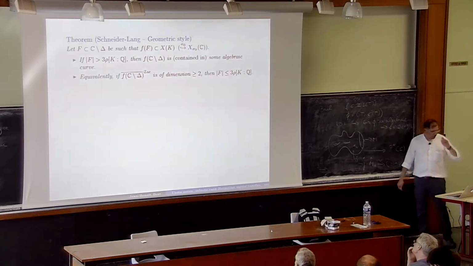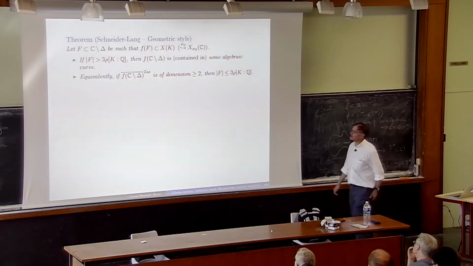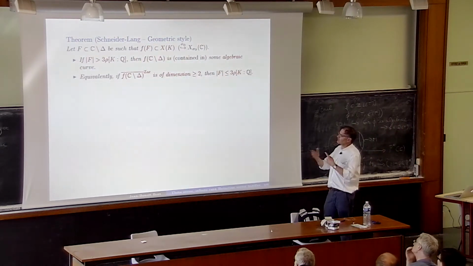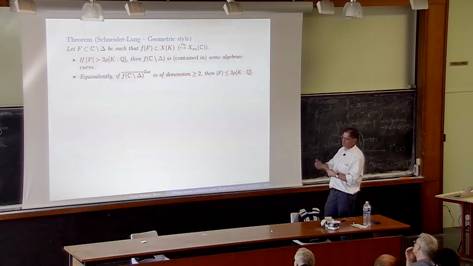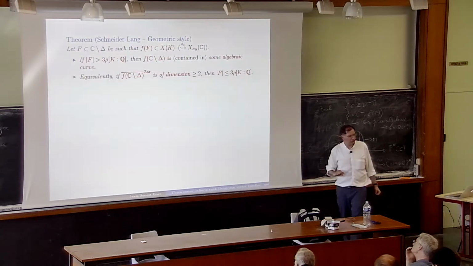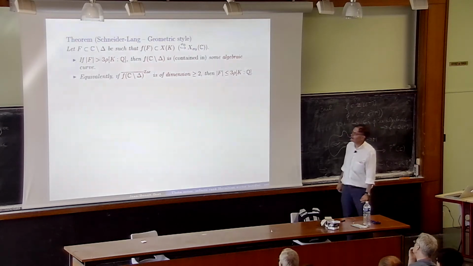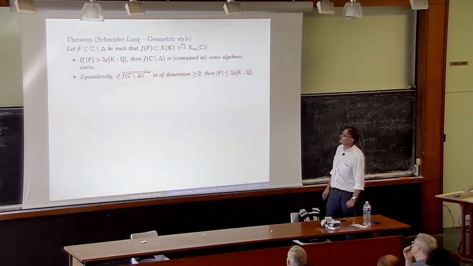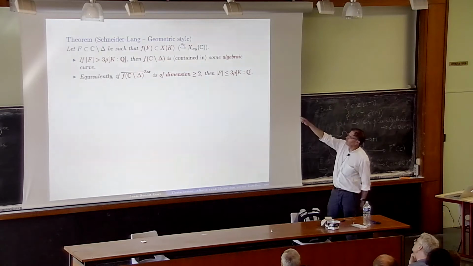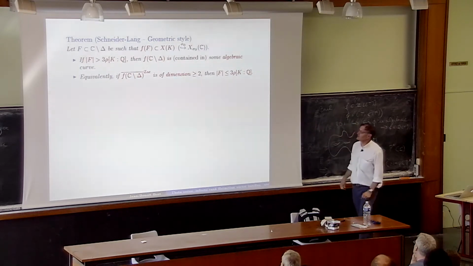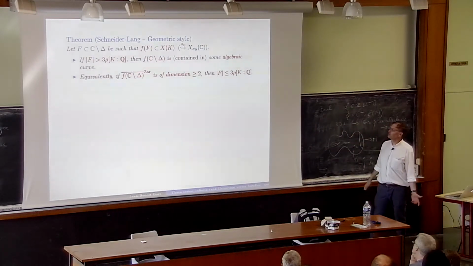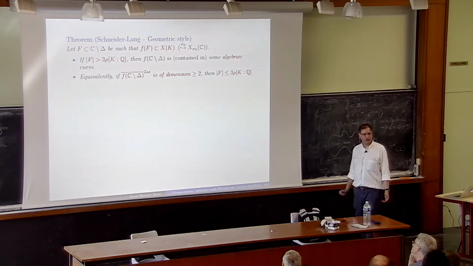So another reformulation of that is that if you know that the image is not algebraic, that is, if the Zariski closure of the image of f, your analytic curve, solution of an ordinary differential equation, is at least of dimension 2 over C, then the number of points with image in X of K is bounded in terms of rho and the degree.